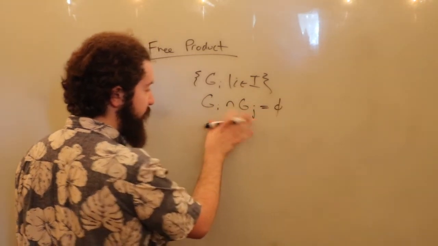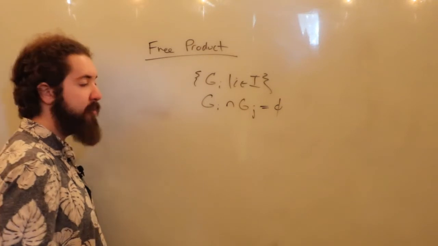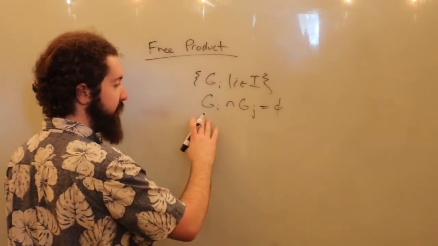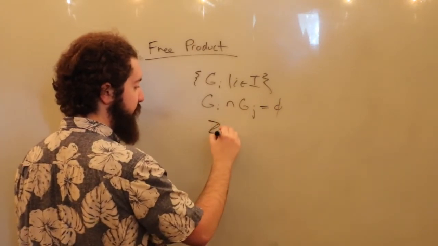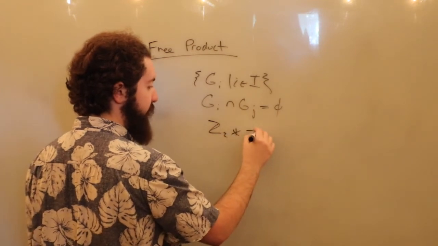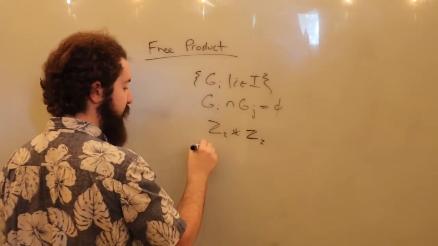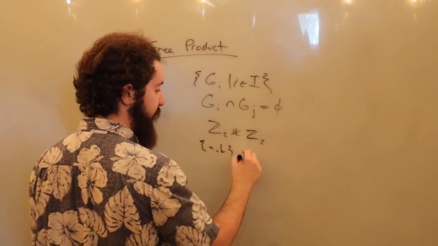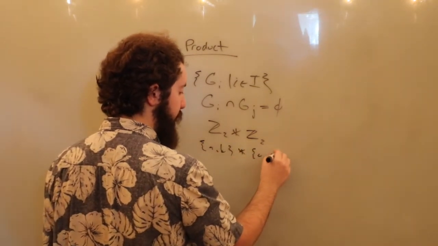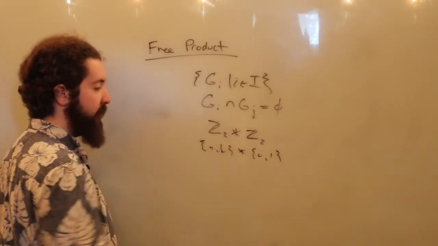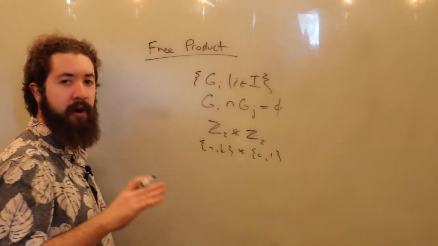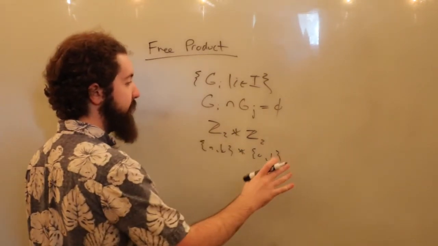In other words, they don't have any elements in common. And the way you can do this is just by relabeling. So if you want to take Z2 free product with Z2, you're just going to call this one, for instance, A, B, instead of 0 and 1. So we relabel them, making sure that they are disjoint as sets.